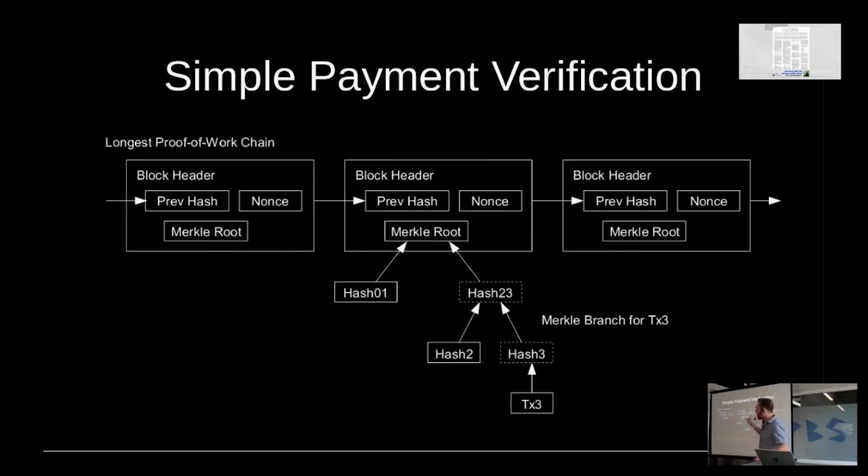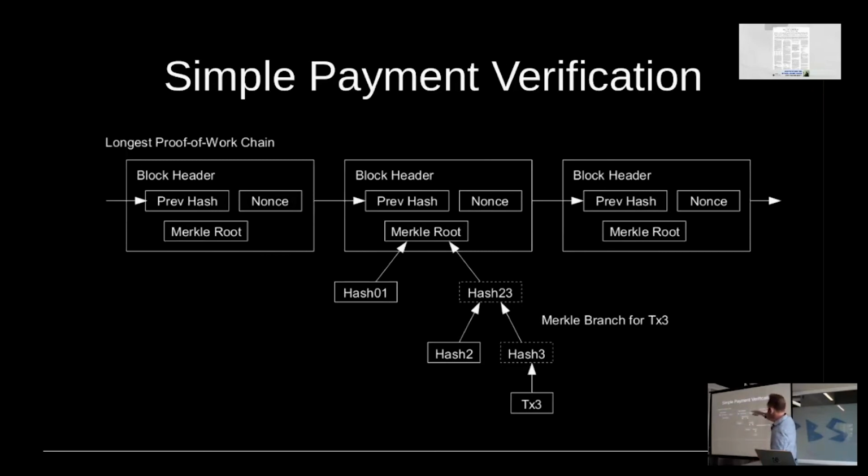So if you don't care about all the other stuff, you're not running a full node, you're not validating every single transaction, you really just want to have a light wallet and just worry about your own transaction, then you don't even need to look at blocks. You can just look at these block headers and prove that your transaction is within this block just by the information in the block header.